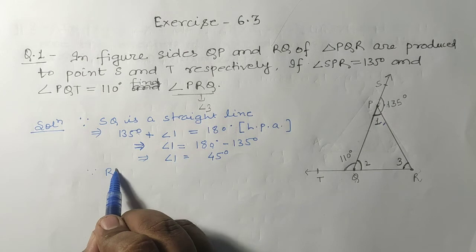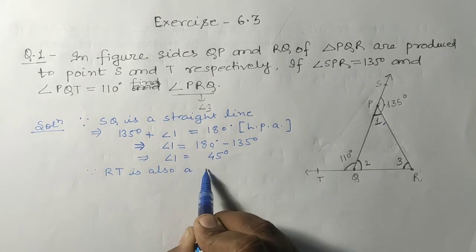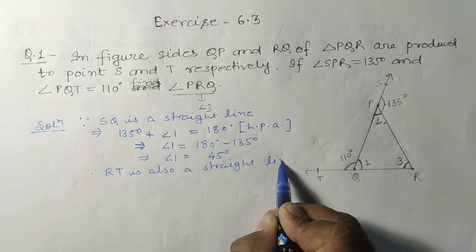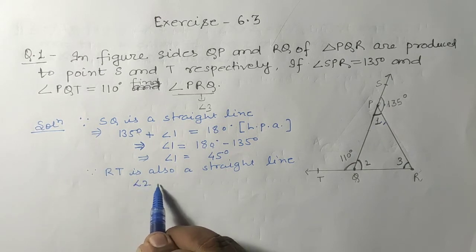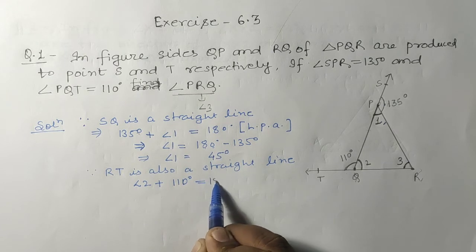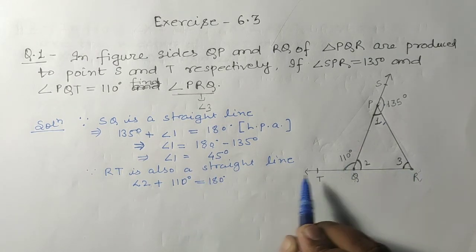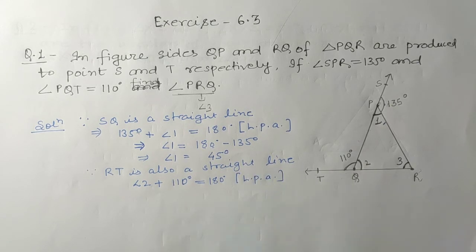Now since RT is also a straight line, we can write here that angle 2 plus 110 degrees should be equal to 180 degrees. See, this is a straight line. Angle 2 and 110 are a linear pair. So their sum should be equal to 180 degrees.